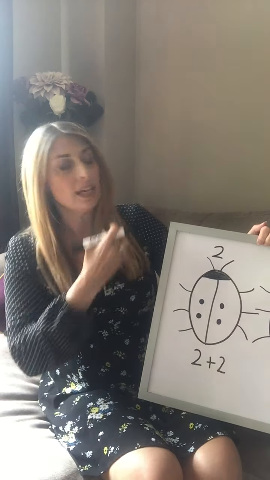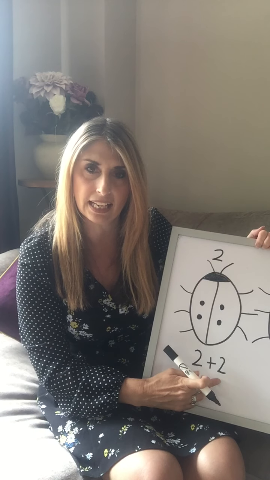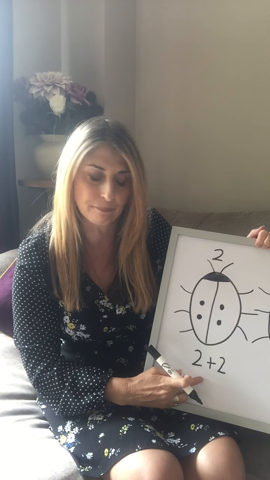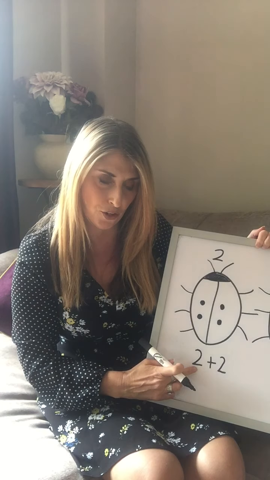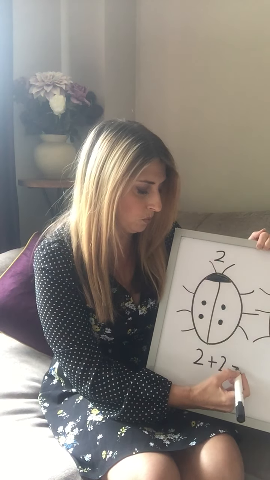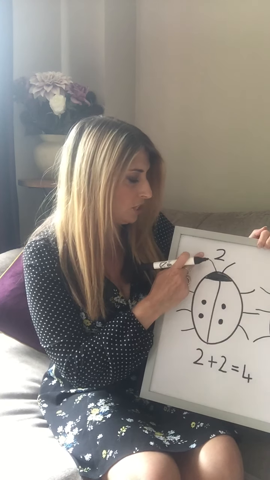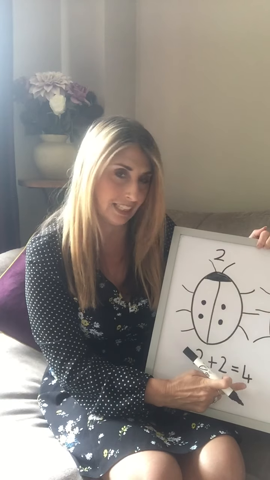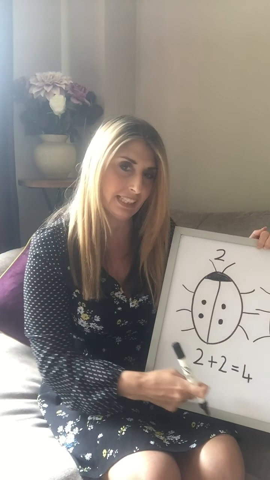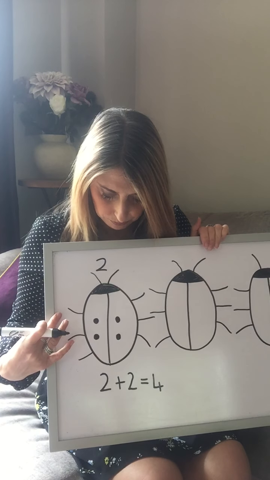So when we are doubling, if you can see, we are adding the same number. So 2 add 2 equals 4. So double 2 is 4. And this is the equation to represent it.